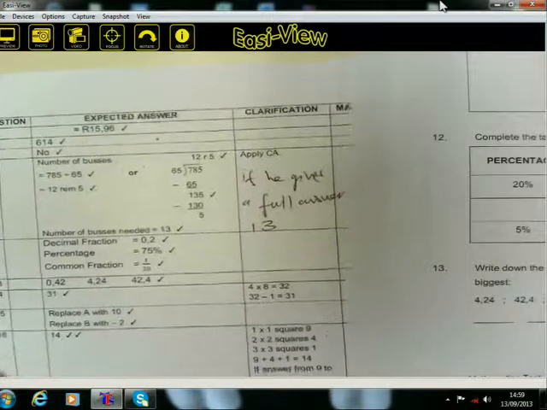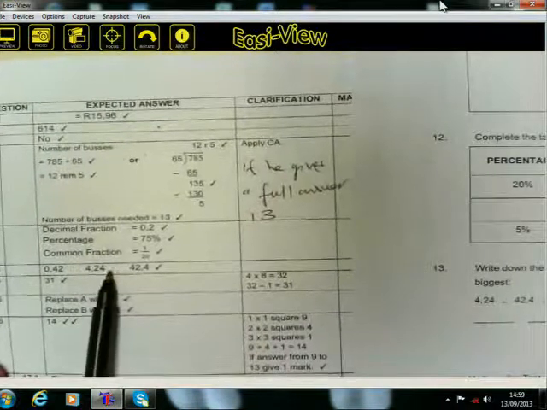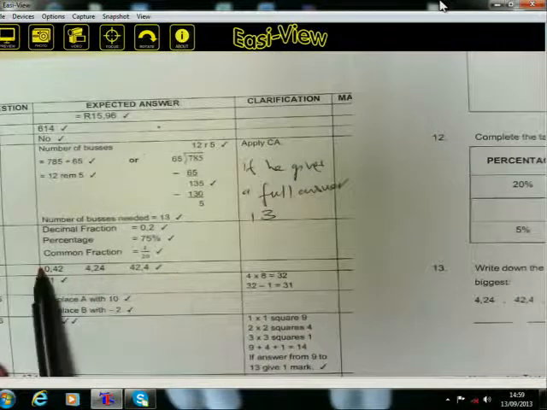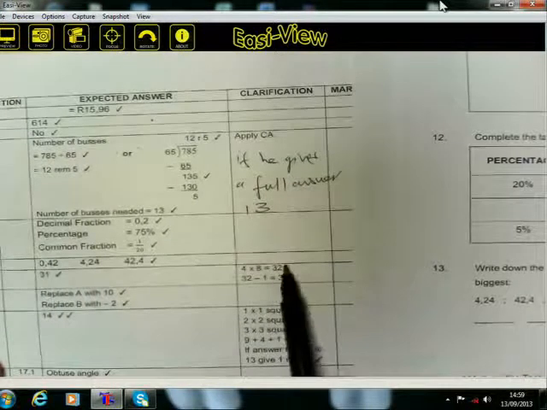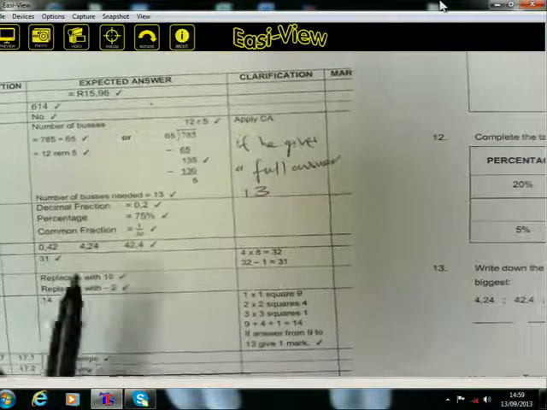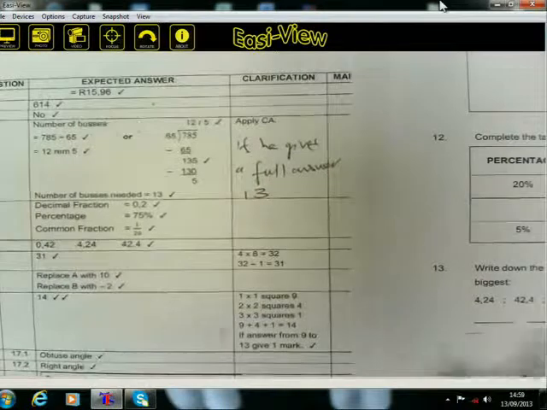It must be like this. No half mark here. It's 1. The numbers must come like this. No, they haven't clarified anything here. So you see then the number must come that way. Follow each other that way. Okay.